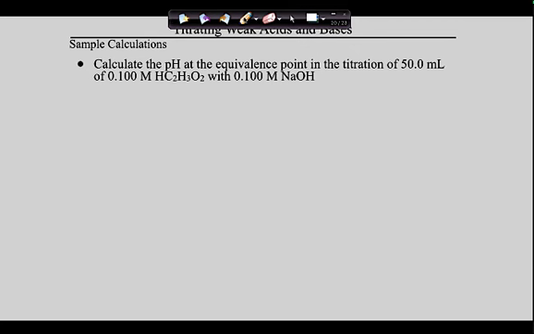Play along with me. Here's what you're going to do. You are going to write down the balanced equation. Oops, that's not right. Sorry, hold on. You're going to write down the balanced equation for the titration.